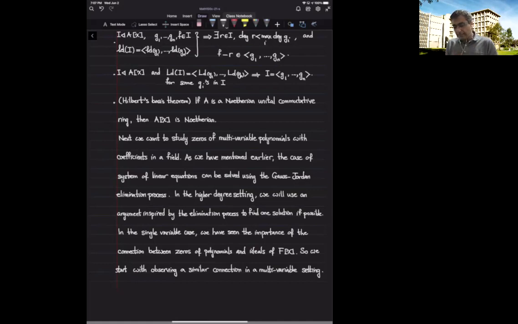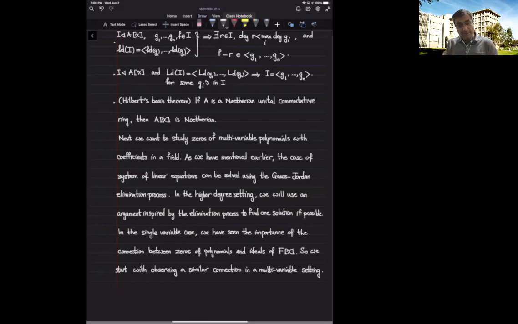But again, in this case, it's going to be very complicated. As we've seen, even in the single variable case, it's going to be extremely complicated to understand zeros of polynomials. So we assume that if we reduce the problem to the single variable case, we can actually find the zero of the polynomial. That's one of the assumptions that we are going to make.